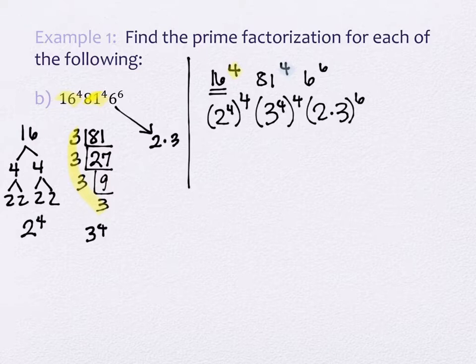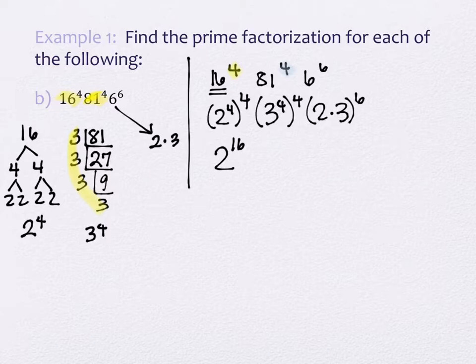Now, we did a section back, I think it was in 3.4, where we had exponents. Do you remember working through some exponent stuff in that section? That's what we're able to apply at this point, those properties of exponents. So when I have a power to a power like this, so 2 to the 4th to the 4th, what can I do with those 4s? I can multiply them. So this is 2 to the 16th.